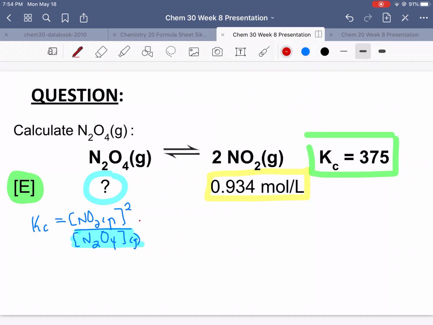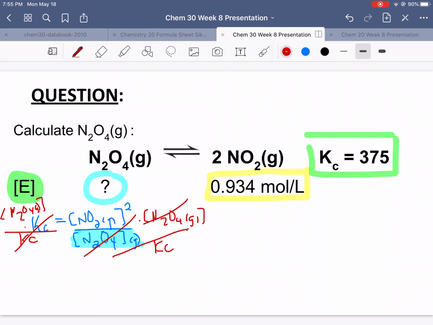All right, I'll show the process for this. I think a lot of you can do algebra like this in your heads. Times by that. What you do to one side, you do to the other. If my pen will let me write it in, N2O4 gas, these ones cancel out. Then we need to, of course, divide out by the Kc so that we can get the N2O4 by itself.